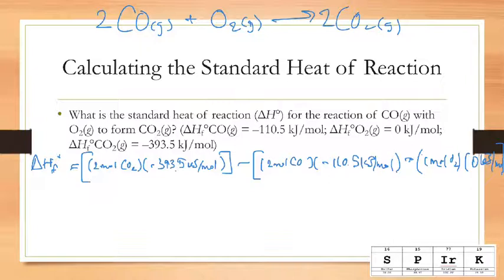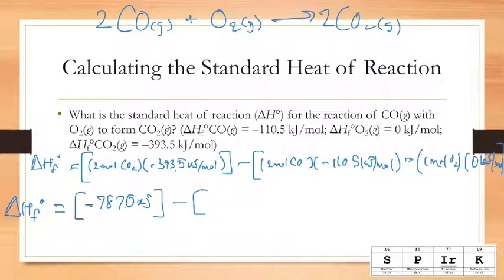So then we just add these together and then subtract products minus reactants. So for delta HF, our products, when we multiply 2 times negative 393.5, we get negative 787.0 kilojoules. And we subtract from that our reactants.